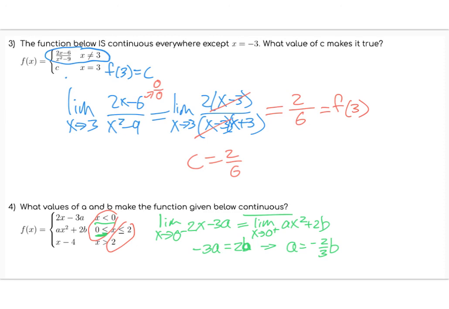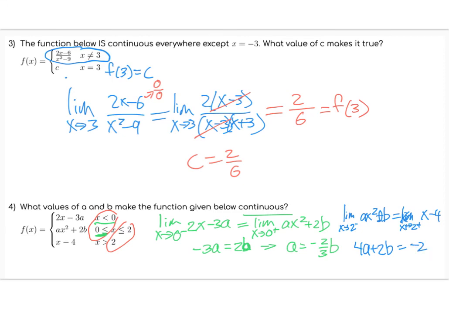So now we're talking about the limit as x approaches 2 from the left of ax squared plus b, plus 2b. And that must equal the limit as x approaches 2 from the right of x minus 4. All right, plugging 2 in, we've got 4a plus 2b. And on the other side, plugging 2 in, we get negative 2.